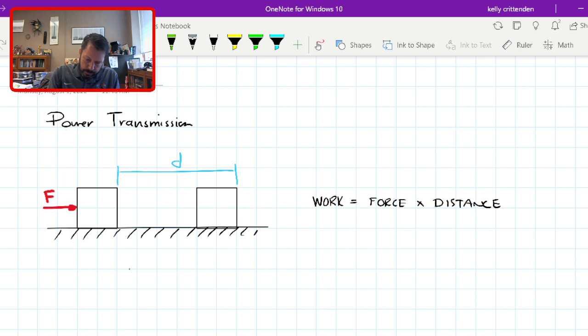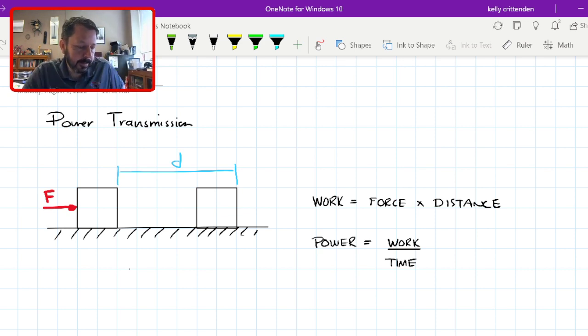We also know, since we're talking about power transmission, power equals that work that we did, but how fast did we do it? So work divided by time, which would be force times distance divided by time, right?